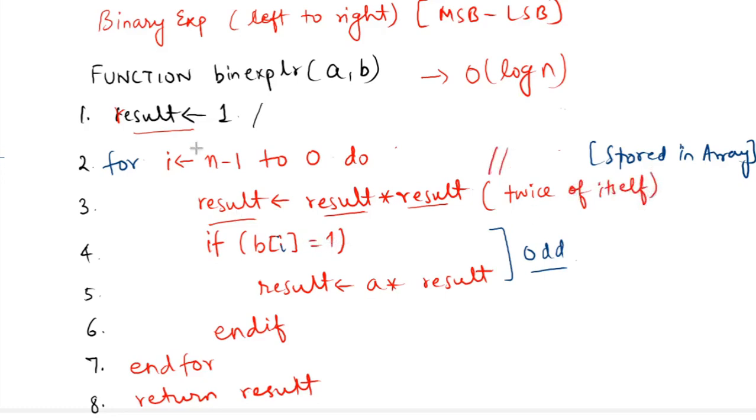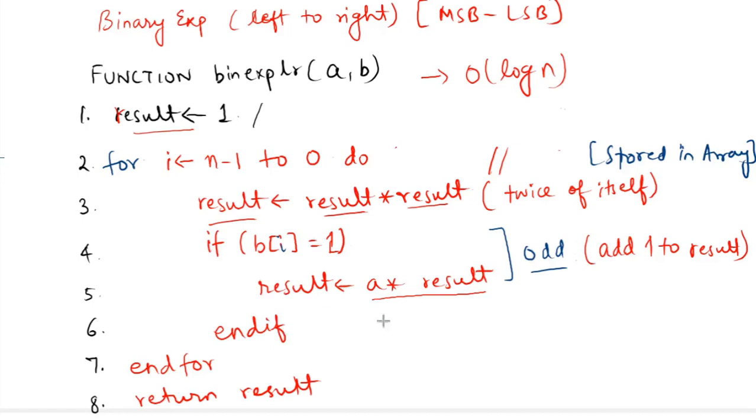And once at any position the value is 1 or set to 1, then the result is updated by the base. So that is multiplying by the base.